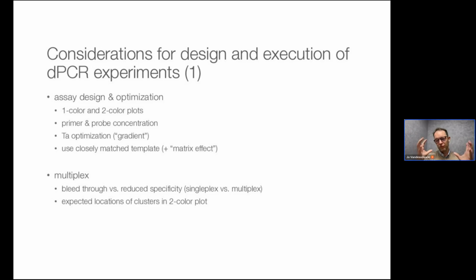Much information within the short frame of a webinar, but I want to indicate that with respect to assay design and optimization, there's a lot of information: how you can exploit a 1-color and a 2-color plot to understand that the information is correct, how to optimize primer and probe concentrations, how to optimize the annealing temperature using so-called gradients, or how important it is to use a sample that is as close as the final clinical specimens or samples, if it's, for instance, a soil or a plant that you want to study.